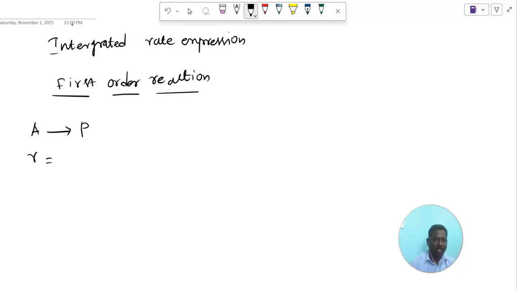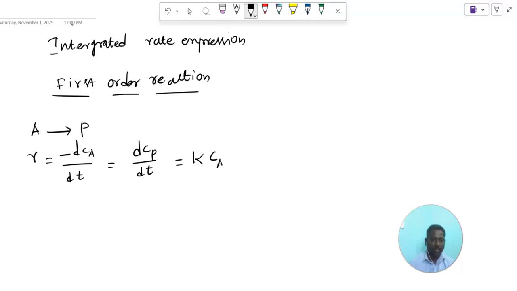R is equal to minus dCA by dt, means decrease in concentration of reactant with respect to time, or change in concentration of product with respect to change in time. Very small interval of time, here positive means increase in concentration.